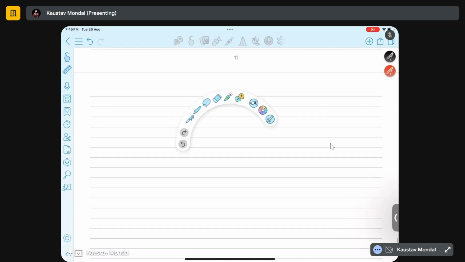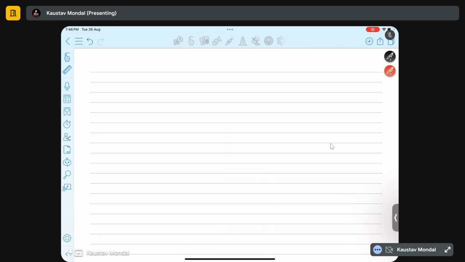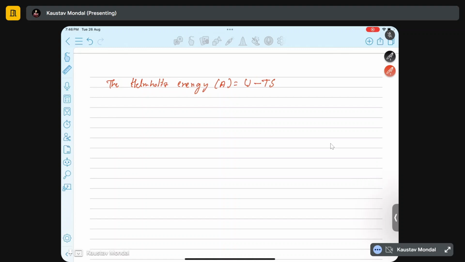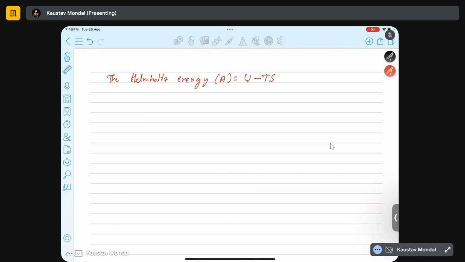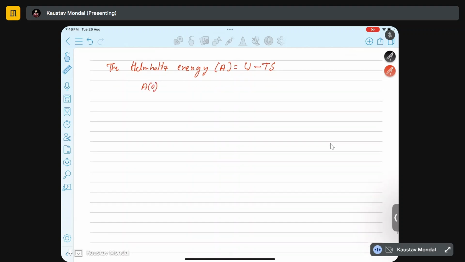For that we will start from the Helmholtz energy. So what is the Helmholtz energy? The Helmholtz energy is given by U minus TS, where initially A0 is U0.